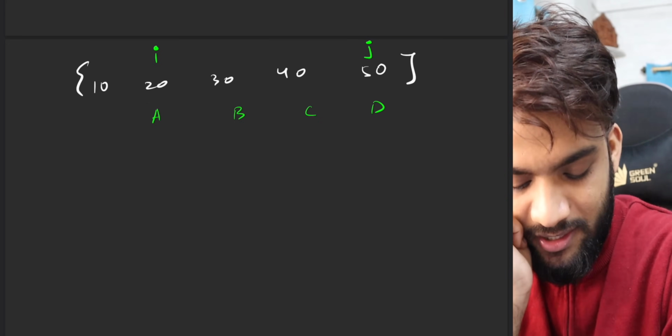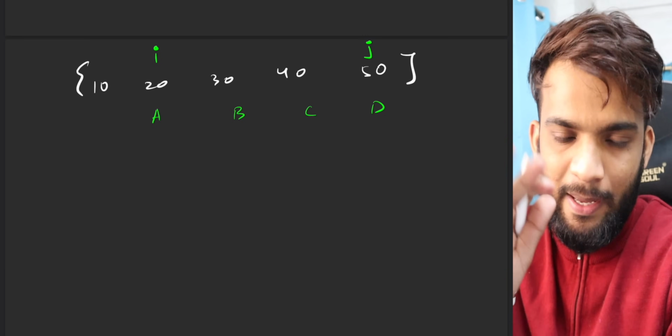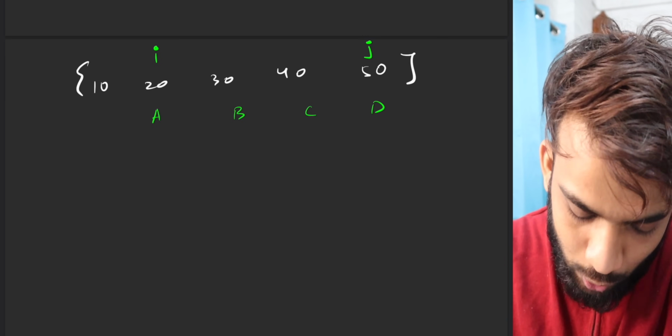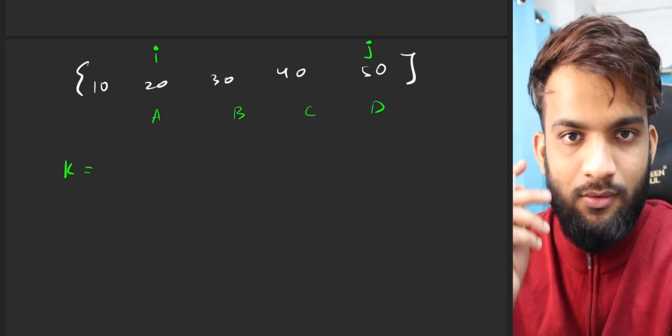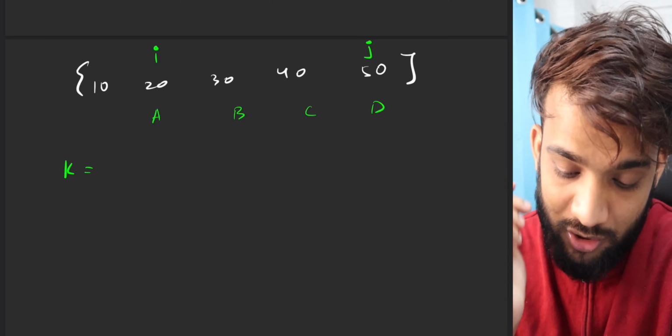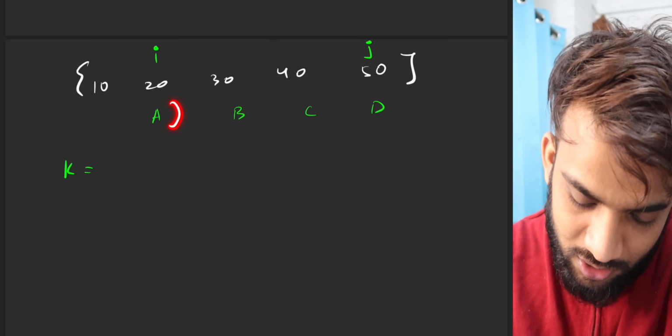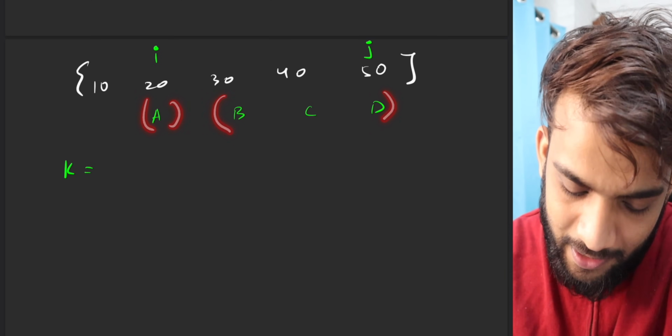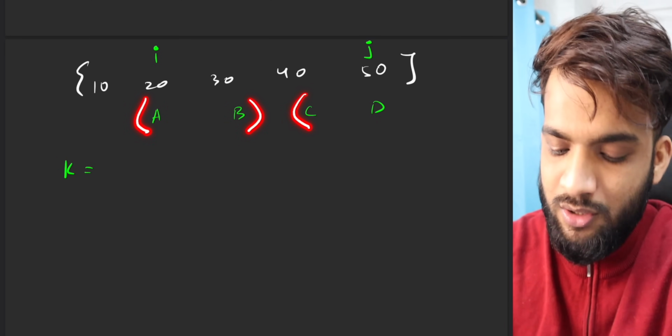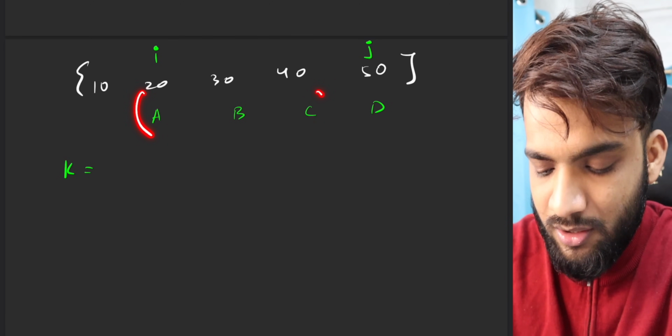So can I say, if I run a loop k, because the first partition is this, the second partition that I can do is this, and the third way that I can try is this.